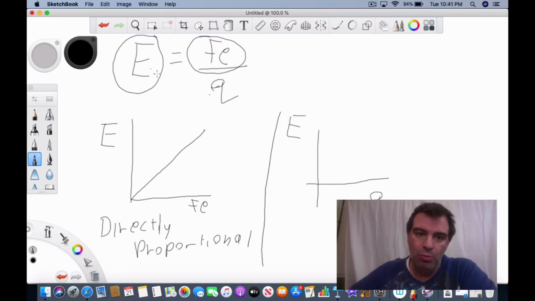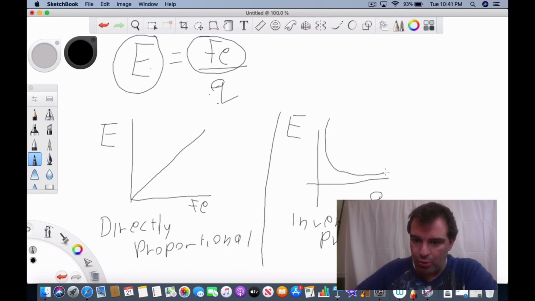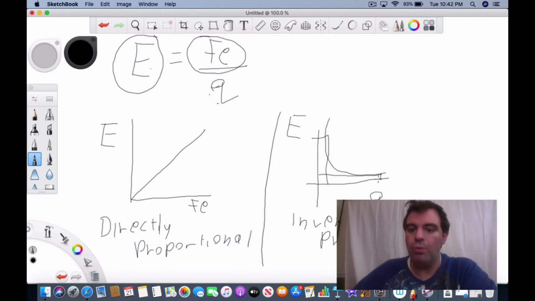Because Q is in the denominator, that is going to be inversely proportional. The graph of that curves downwards. So if the charge is low, we can experience a greater electric field strength, and vice versa.